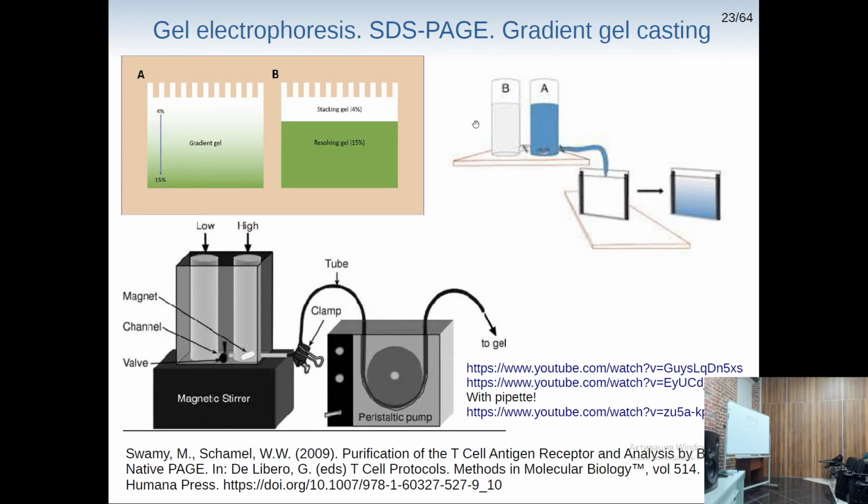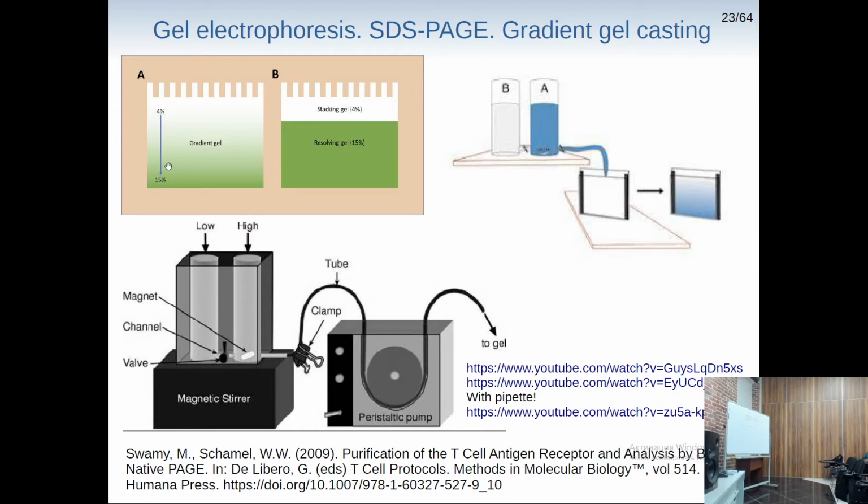Since you put the most concentrated solution here, it will start to mix. First you will get a high concentration of acrylamide, then the lighter solution will be mixing with the heavier solution, you will get some smaller concentration, and at the end we'll have only the solution here, with a smaller concentration of acrylamide, and you will be able to cast such kind of gels.